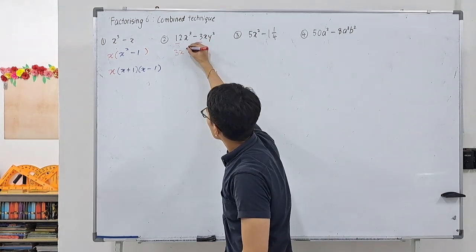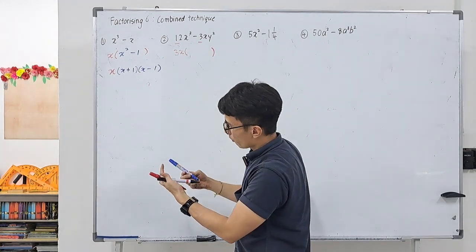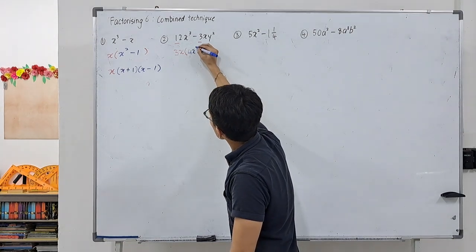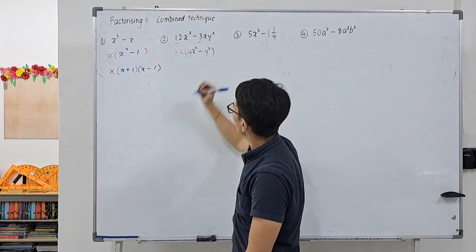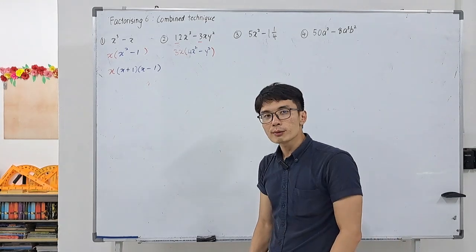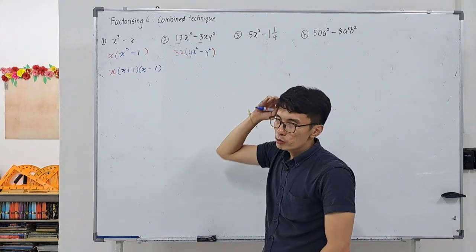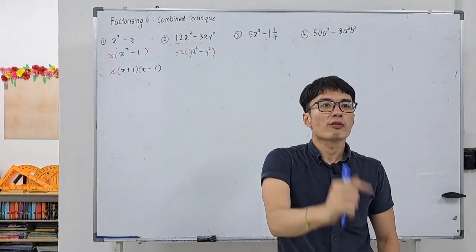Once I take that out, what's left in my bracket? That's going to be 4x squared minus y squared. Agree? Then after that, take a look at the bracket. Do you notice something over there? That's a difference of square again, right? You must train your eyes to be able to look at this and click straight away, that's a difference of square.